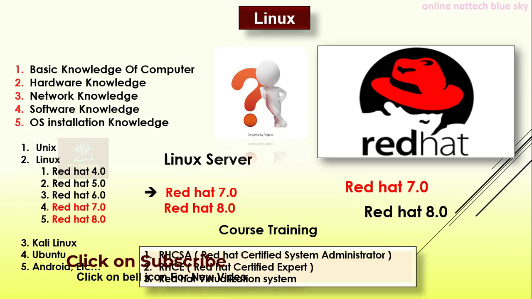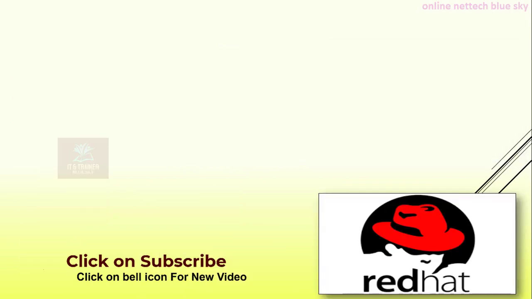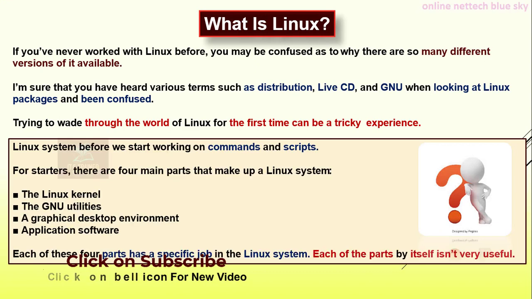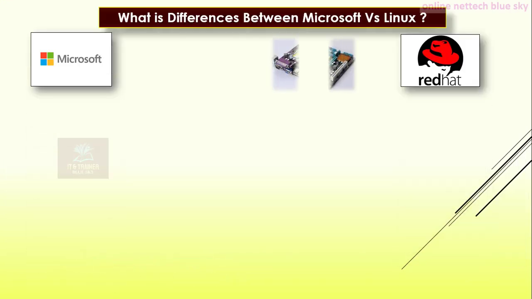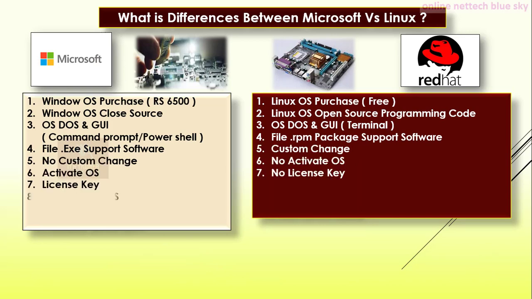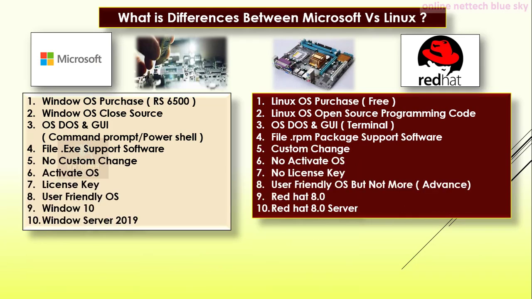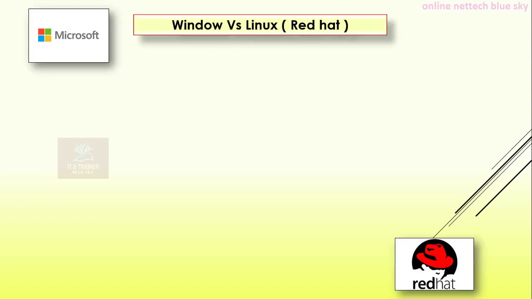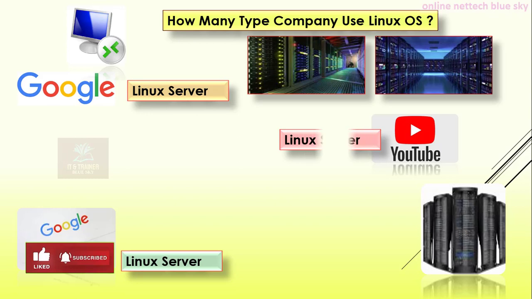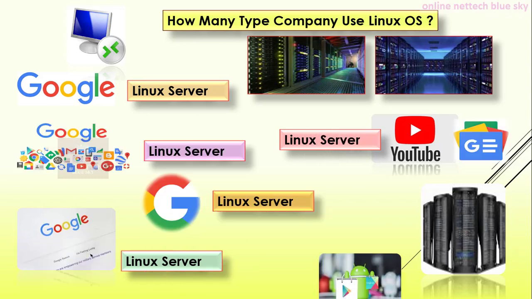In my previous video, I covered what Unix is and what the Linux operating system is. I have also already created a Windows operating system video, covering the differences and different points. Windows is a client operating system, while Linux is created for server technology. In my last previous video, I explained how many types of companies use the Linux operating system.